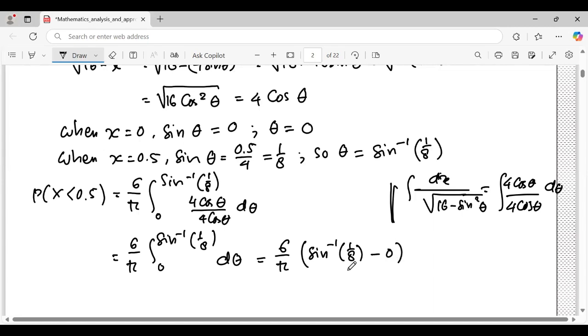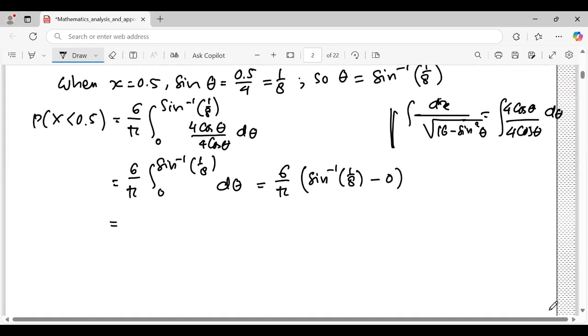Sine 0 is 0. So it becomes 6 over pi times 7.180756.